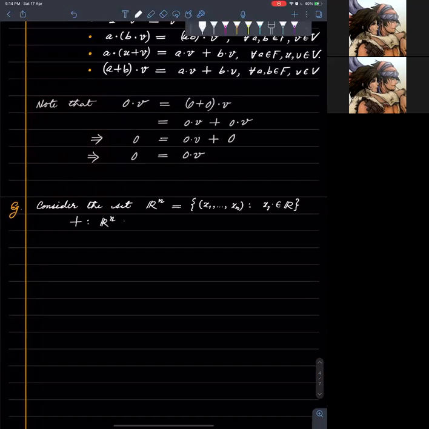We define a function which takes a tuple, comma, another tuple, to the component-wise addition.